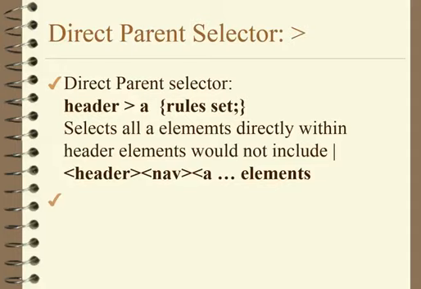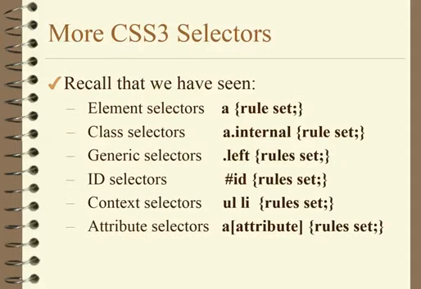So for instance, if I go back here, if I have this kind of selector and I have header space A, the A is not immediately in the header, it's in the nav. But this is a descendant selector, so it'll apply to anything if it's anywhere within the outer container.